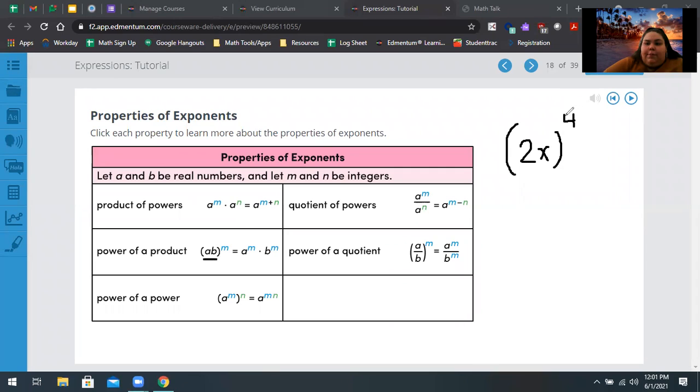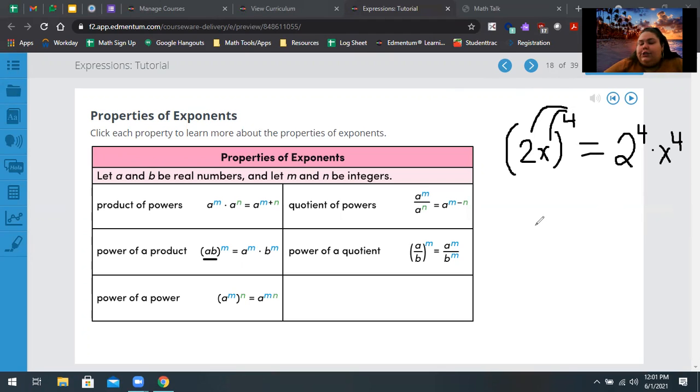That means this 4 power has to get distributed. So that 4 has to go to the 2, and this 4 has to go to the x. So we can rewrite this expression as 2 to the 4th power times x to the 4th power. So that power gets distributed inside.